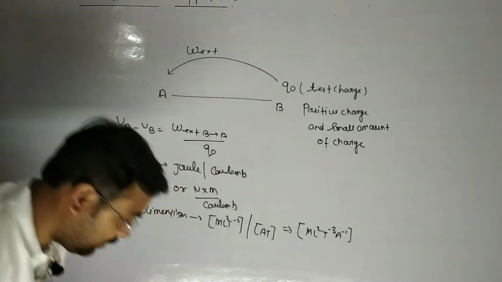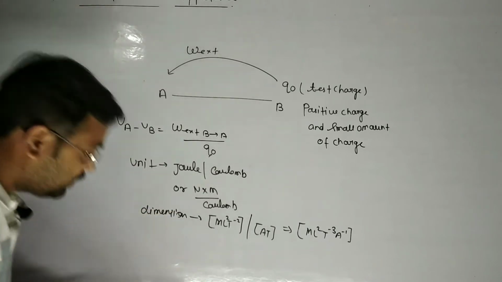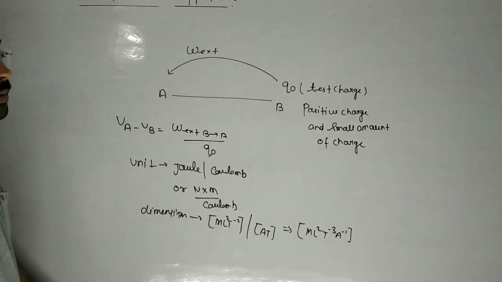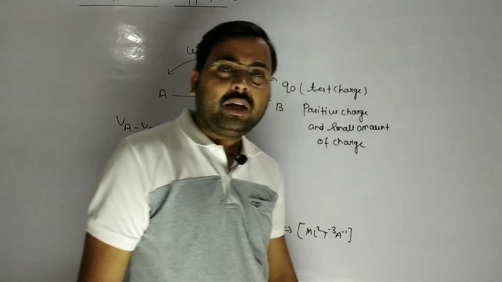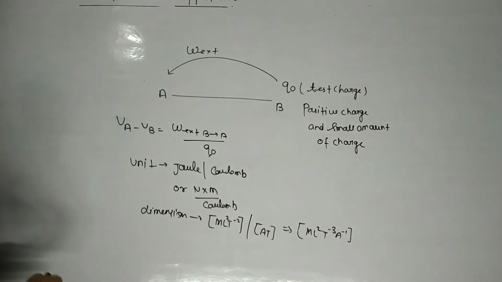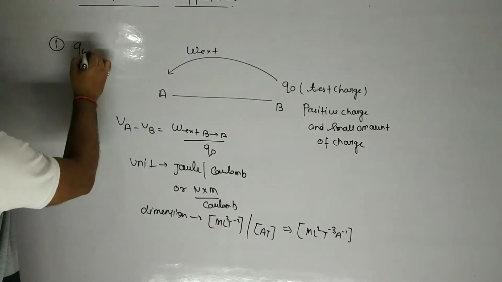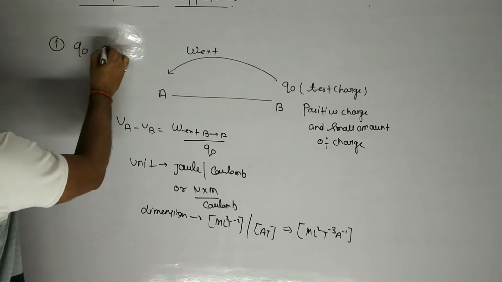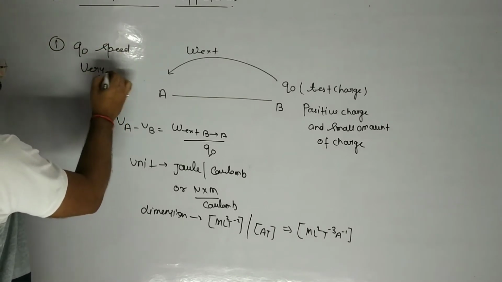And the second part, what is the potential? But potential difference has some properties. First, Q naught moves very slowly.